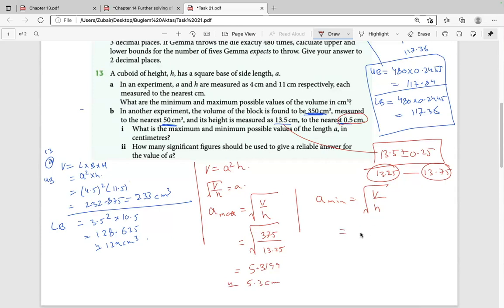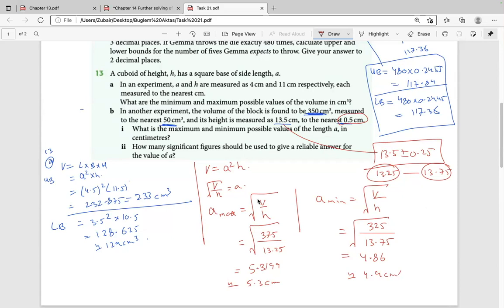And for the minimum, what values do we use? The higher end of the height and the lower end of the volume. 325, yes, and 13.75. 4.86.